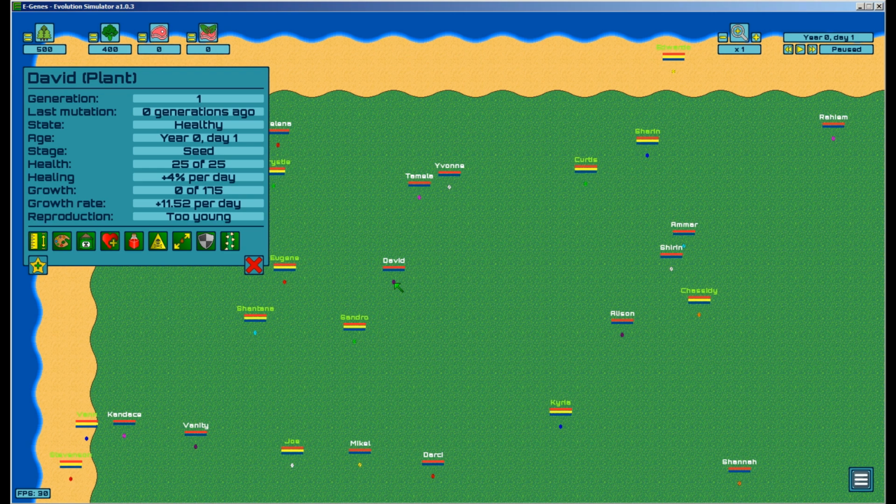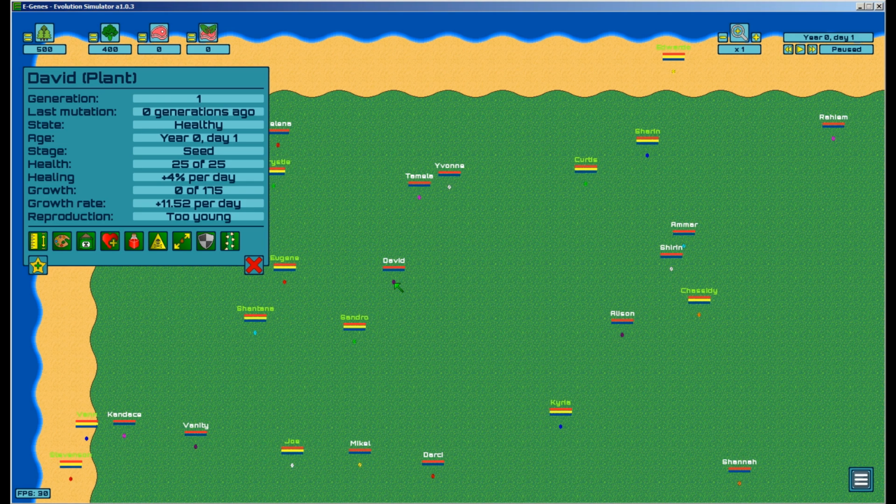Current and maximum health. Healing per day. Current and maximum growth. Growth rate per day. The current and maximum reproduction. And finally, the genes.